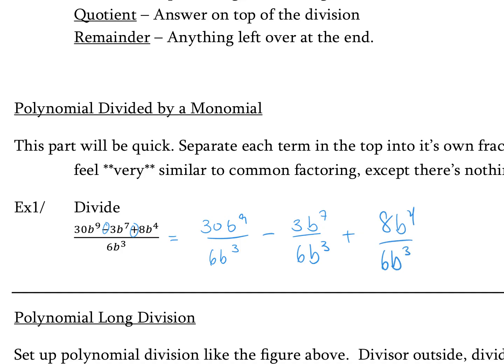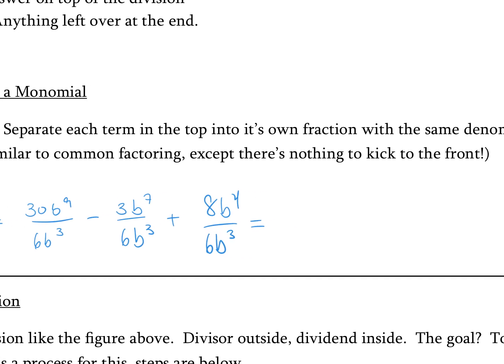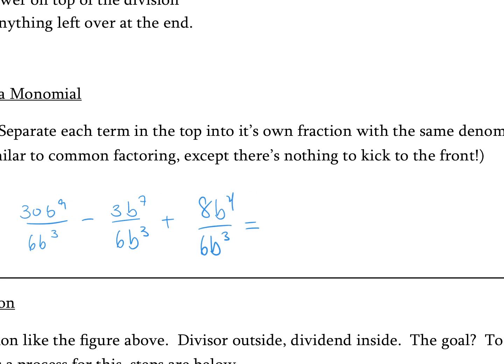All right. So separate into as many fractions as there are terms in the top of the fraction. You can see here 3 terms, 3 fractions. Then you move to simplify each fraction.